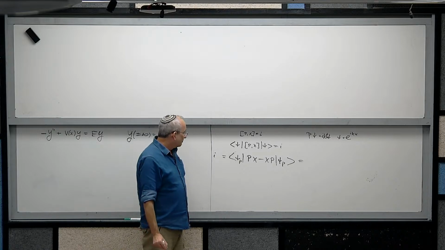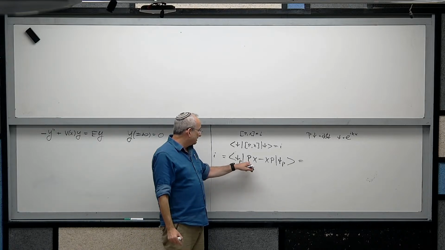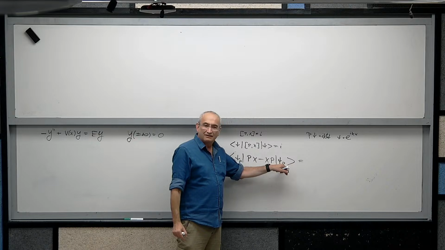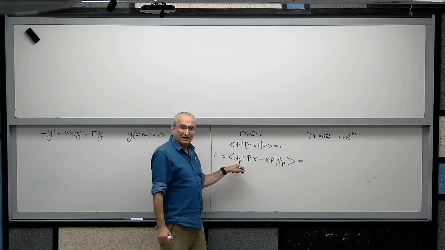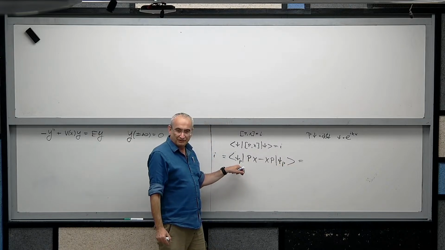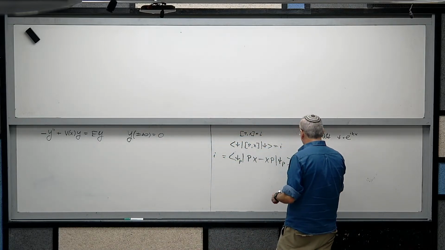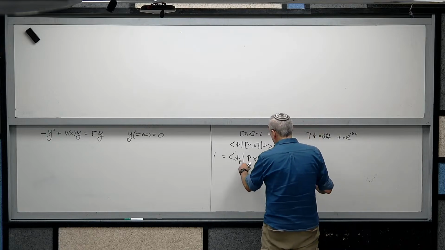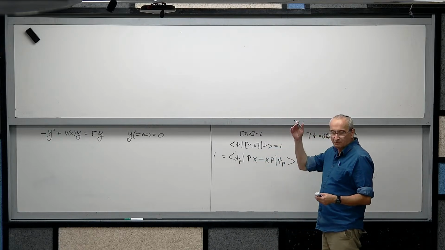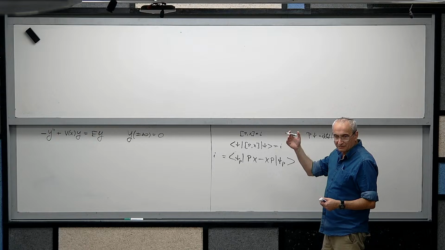Now, on the other hand, I have the right to operate with this p on this and with this p on that, right? Because p is a Hermitian operator. And what I will get is the eigenvalue. So when p is acting on this, it gives me small p. It's the expectation value, right?